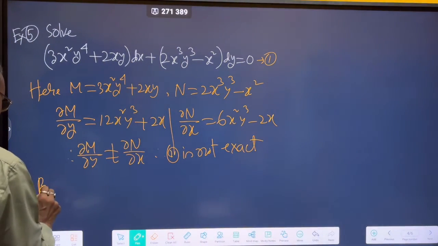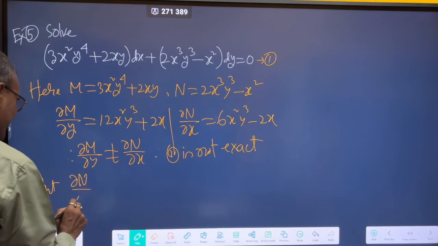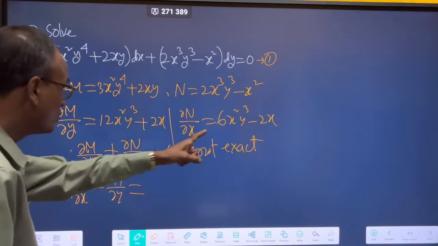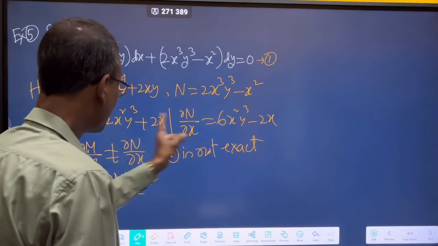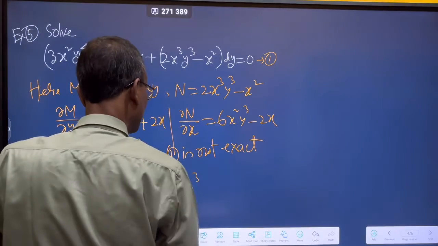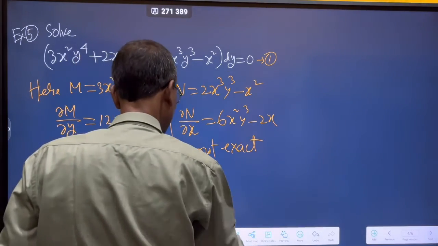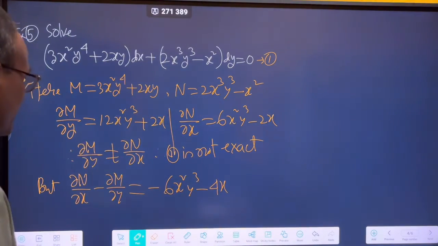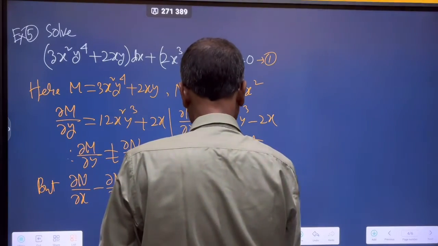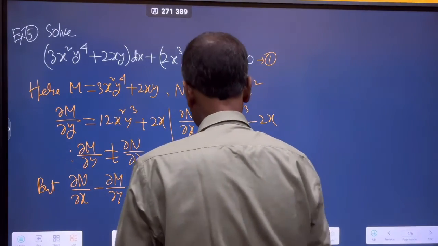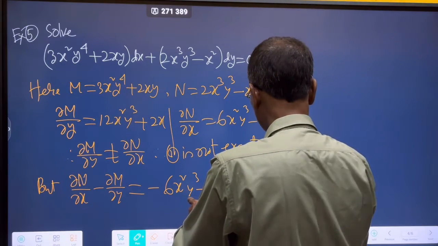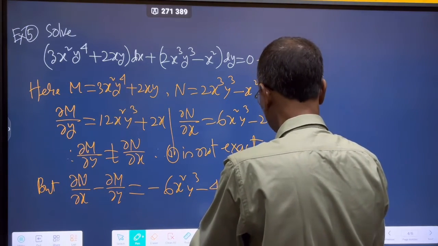But del N by del x minus del M by del y will be equal to this minus this, minus 6 x square y cube, minus 4x. This is equal to minus twice x, thrice x y cube plus 2.